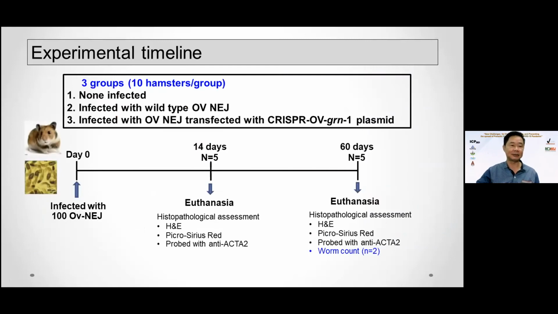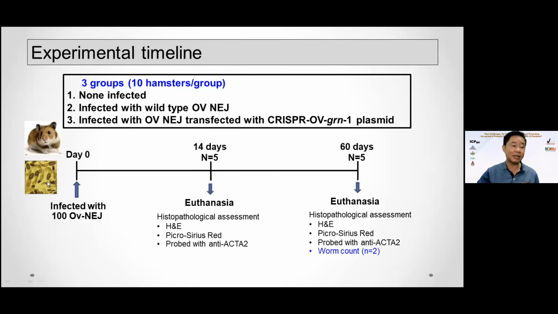the hamster. So we make 3 groups: non-infected, infected with the normal wild type, and infected with CRISPR-Cas9. And we infect them for different time periods to see short-term pathology and long-term pathology. For 14 days, we will check the inflammation.